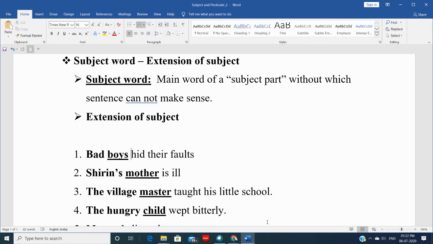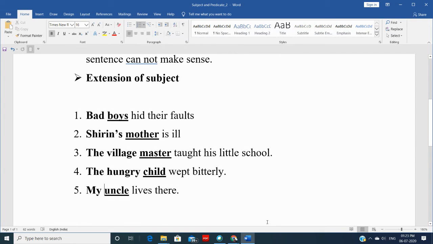So the remaining parts, bad, Shireen's, village, hungry, these extra parts are like accessories, like the frills of a dress, okay? So these are all extensions of a subject, okay?